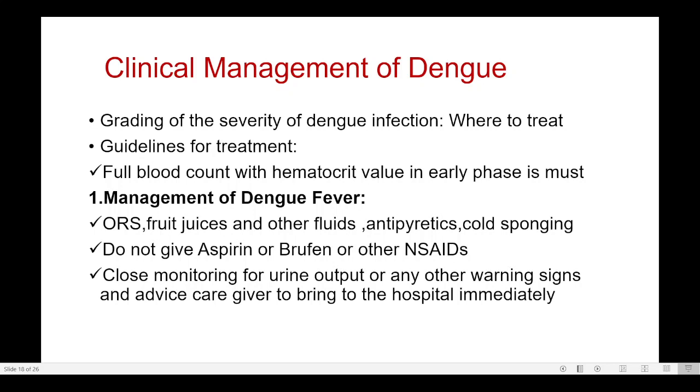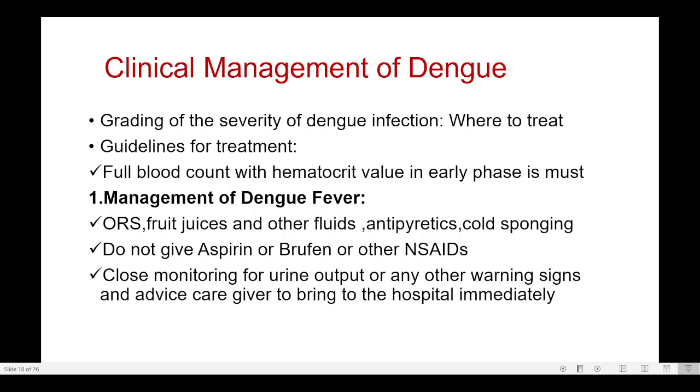Severity of infection guides the treatment modalities, and another very important thing is the baseline value of full blood count with hematocrit value, because we can compare with this baseline value if the patient deteriorates, and then manage accordingly. When this baseline value is not available, we can take the population based, age and gender specific values and compare with those and manage accordingly.